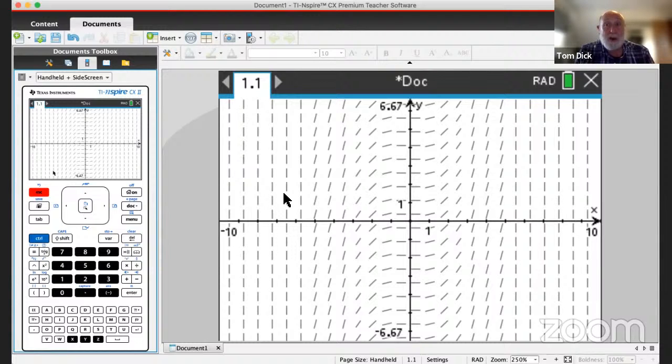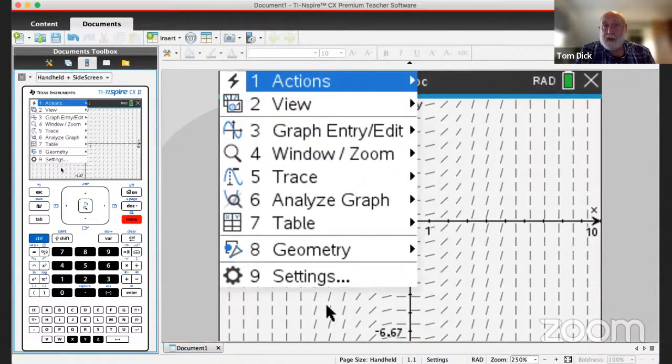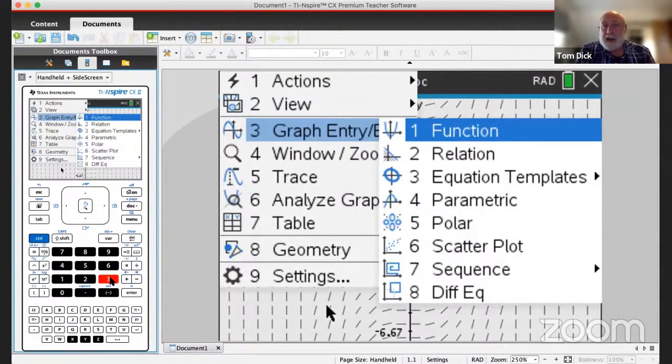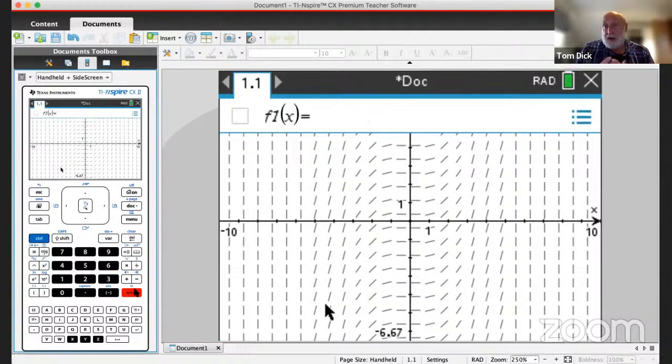In fact, we can try that out by going back to the menu, graph entry edit, and now get the function on there. Without erasing the slope field, we can enter a function that we think might fit the slope field. So I'm going to see if my calculation in my head was right.